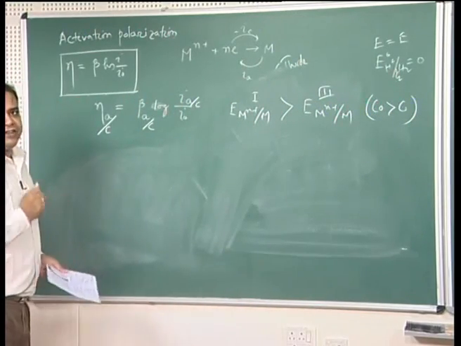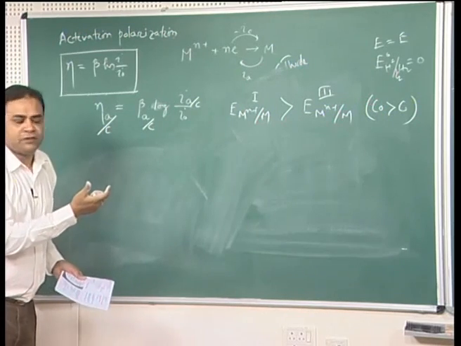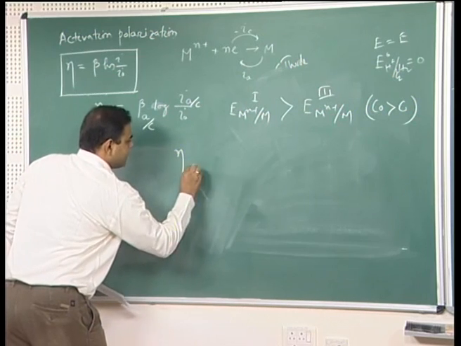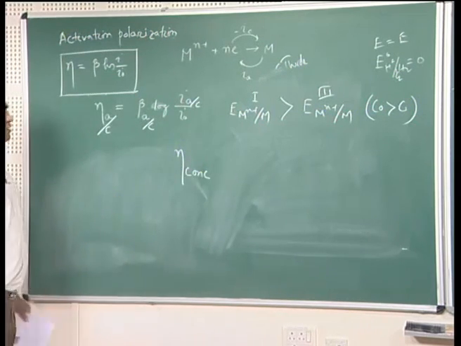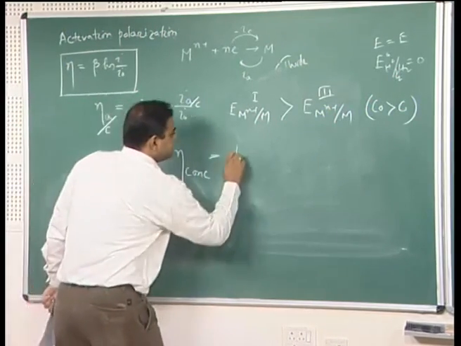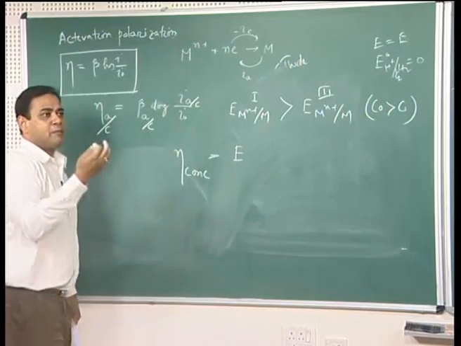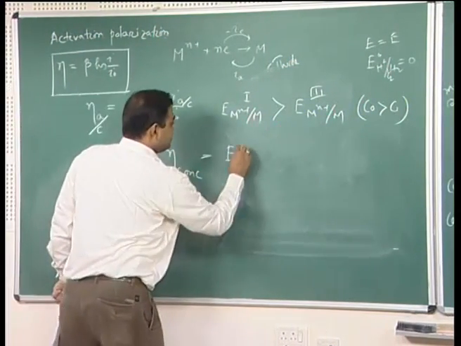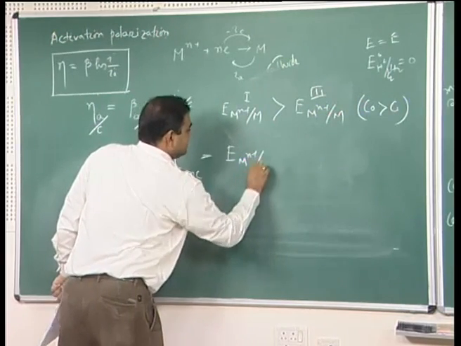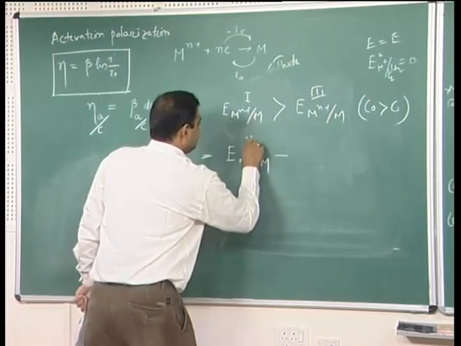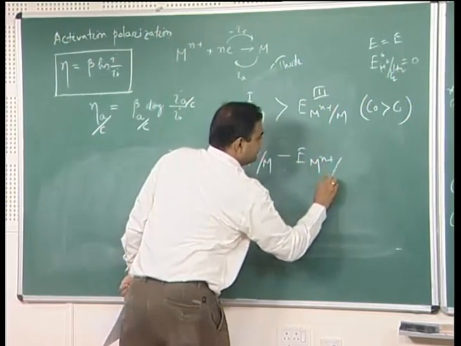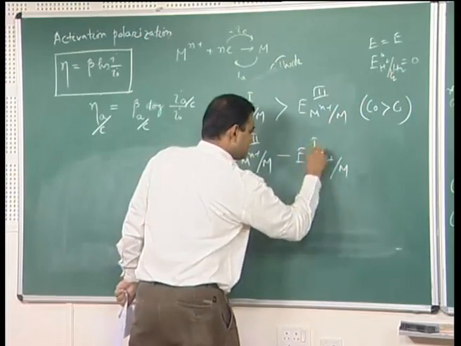So, what would be my polarization? Because of concentration difference, I can put polarization as concentration polarization, because that time polarization would be E final minus E initial. E final is this one, E of M^n+/M third, minus E of M^n+/M first.